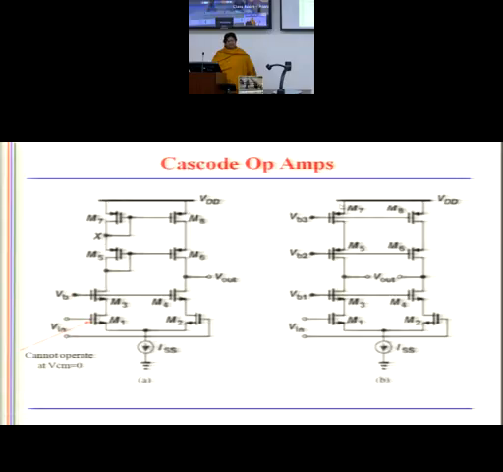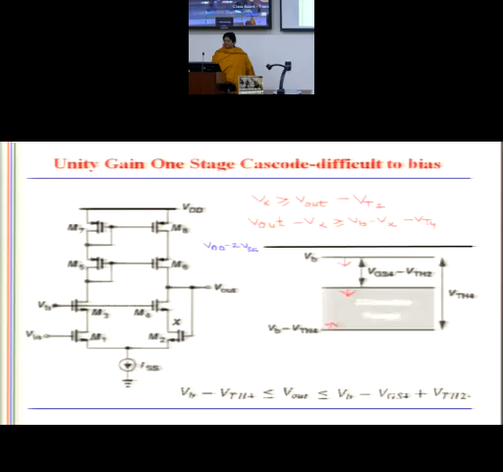It would be a simple two-stage stack over here. Here also a simple two-stage stack over here. Find out all those parameters that we have been calculating till date, and the locations of poles and zeros.